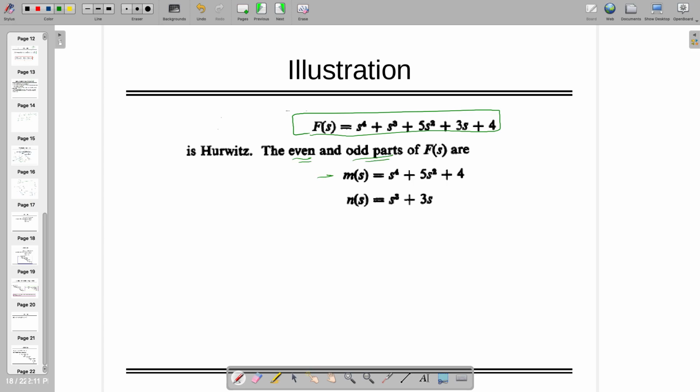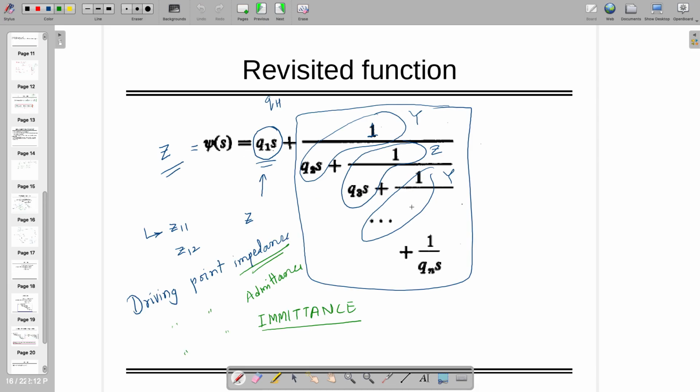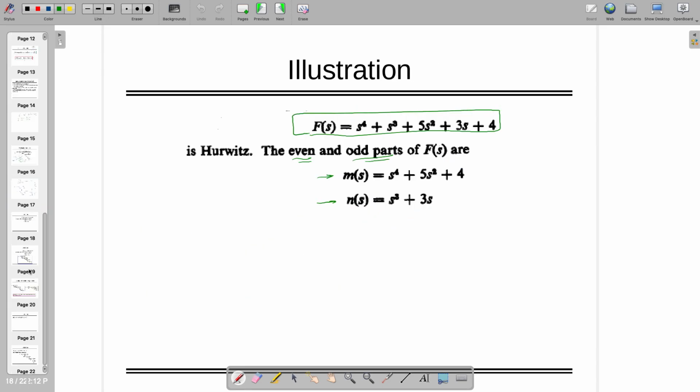So even terms are all even entries, odd terms are all odd entries, right? Now what this Hurwitz suggests, you have to make division of these two so that I'll get the function which looks like this one. I have to make division by function. So those divisions are as follows.